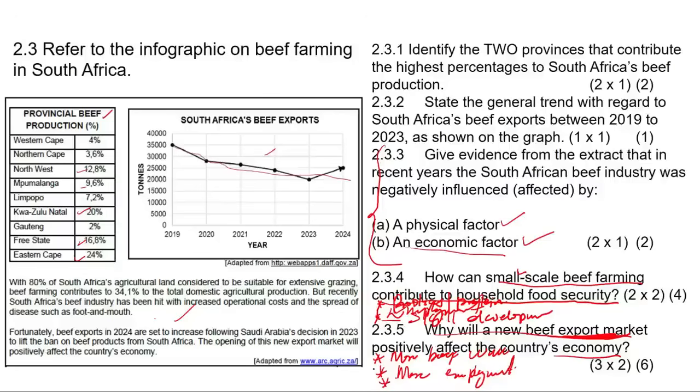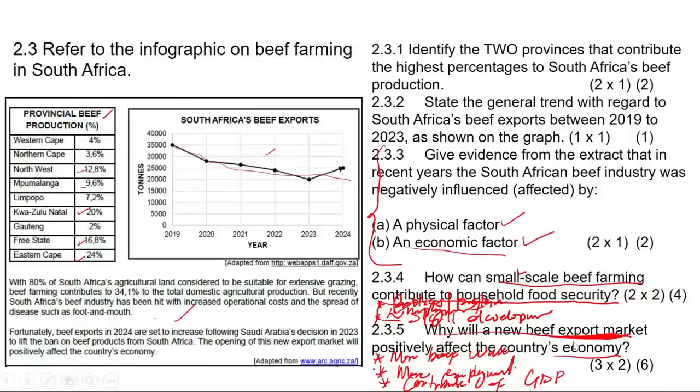Now, how will this positively affect the country's economy? When you're talking about the country's economy, you are talking about the GDP. So what's going to happen to the GDP? It's going to contribute to the GDP of the country, because now there's more beef that is going to be produced.